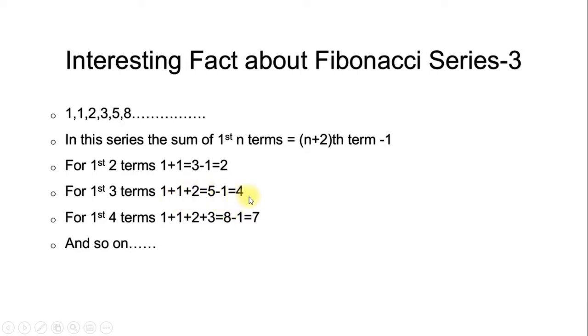So the left side equals the right side. If we go on like that, we'll find that the property is valid, and it's a very interesting property for finding the sum of the first n numbers of the Fibonacci series.